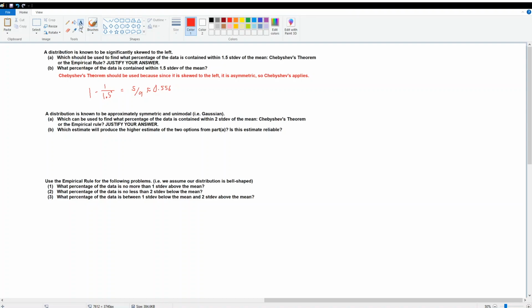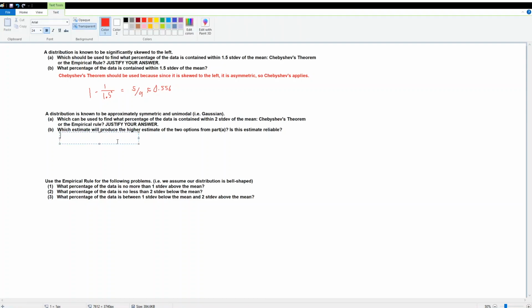Now our second one. We have a distribution, and it is known to be symmetric and unimodal, so it's a Gaussian distribution. And we're asked, can we use Chebyshev's or the empirical rule? We can technically use both.